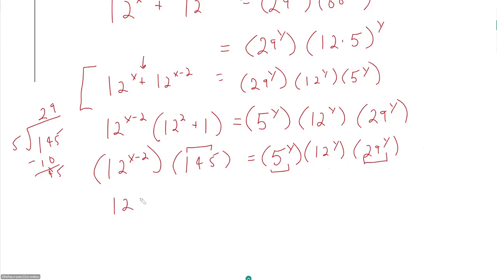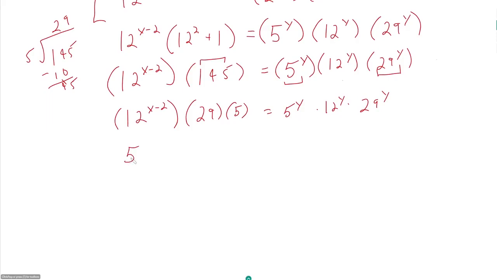And so now I just need to rewrite this as 12 raised to the x minus 2 times 29 times 5. And then I always like to arrange my bases in ascending order.